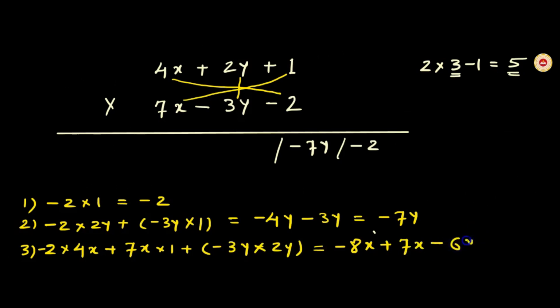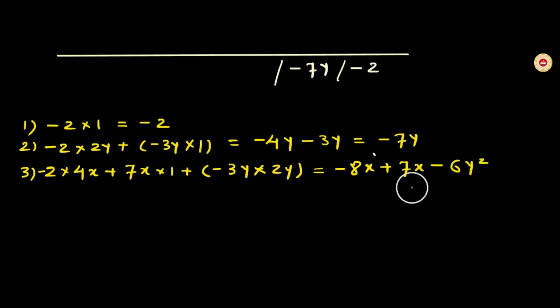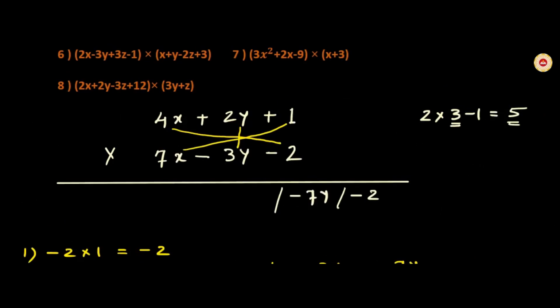Okay, now minus 8x plus 7x is minus x minus 6y square. Okay, so the answer of third step is minus x minus 6y square. And write this answer in third part from right side. Draw a slash. Now we have covered all of the three columns.